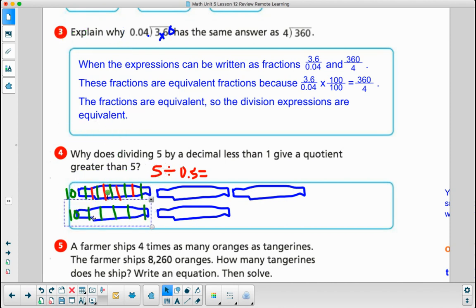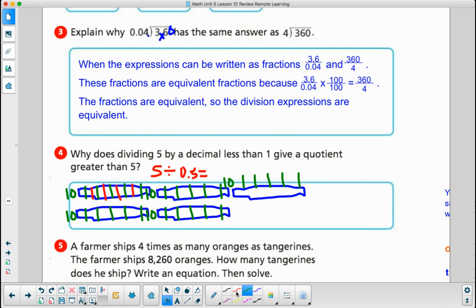Oh, I don't have the reds for some reason. So, but there would be 10. I'll go in and put in the reds in a second. There would be, and that's going to make a mess there, but that's okay, because we know what we're doing.